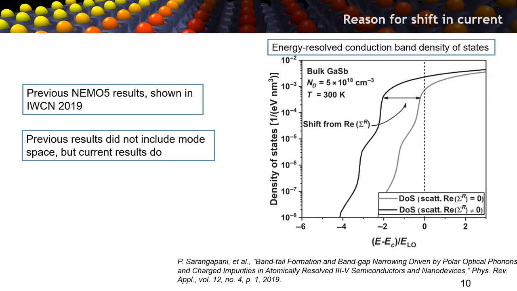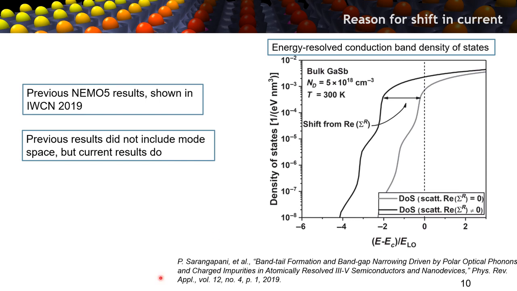To explain the reasoning behind the changes in current due to the inclusion of the real part of the retarded scattering self-energies, we bring up these previous NEMO 5 results shown in IWCN 2019. These previous results, though, did not include mode space like this work does.